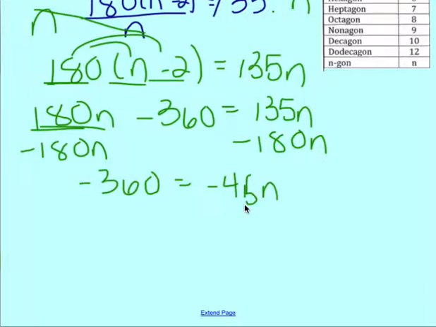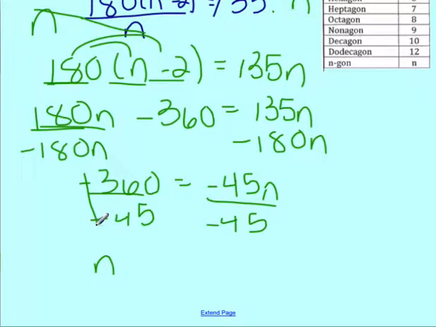Now we want to get rid of that 45, so I'm going to divide both sides by negative 45. When I do that, the negatives cancel out, which is good. We don't want to have a negative amount of sides. 360 divided by 45 is 8. So it's actually an octagon. There are 8 sides, which makes it an octagon.